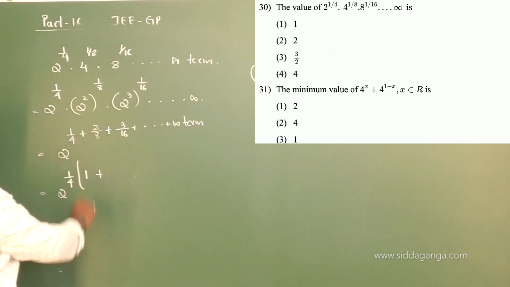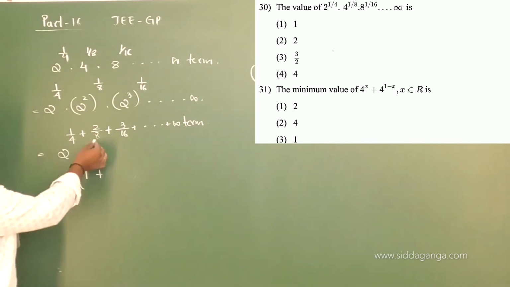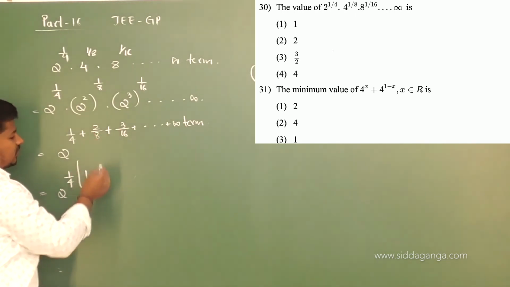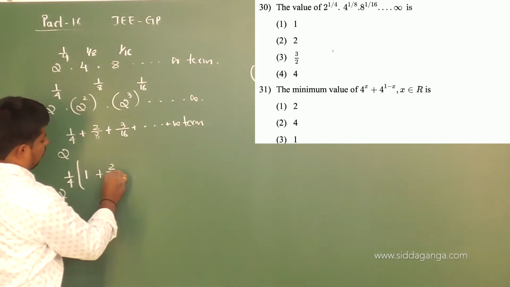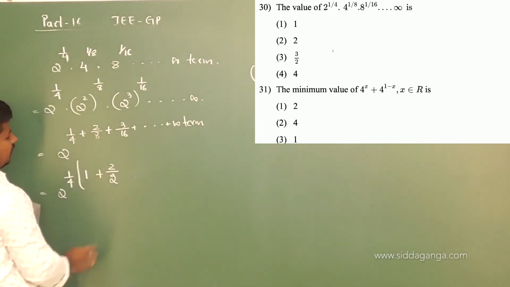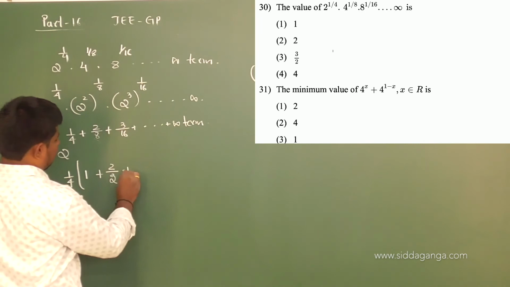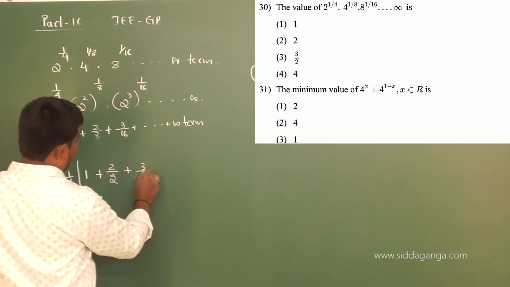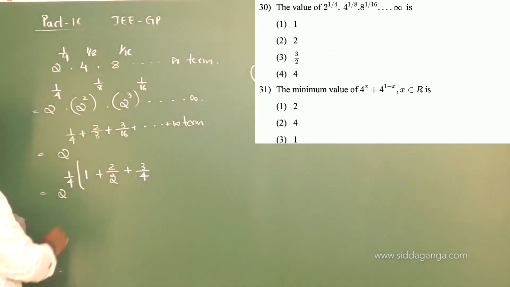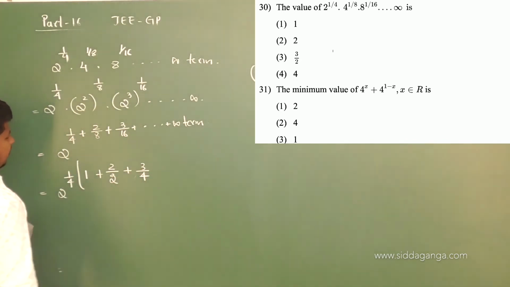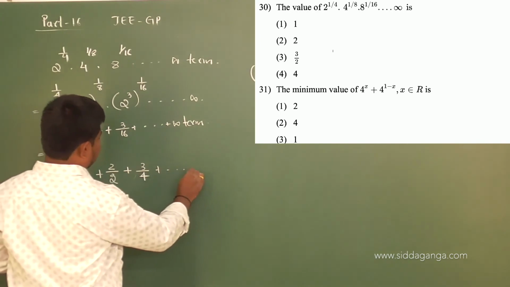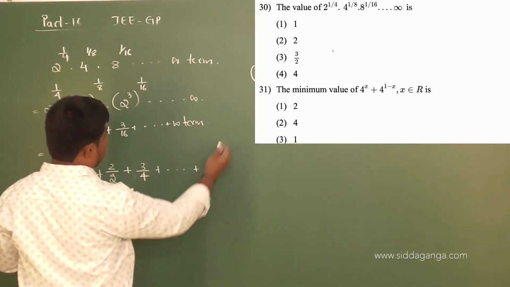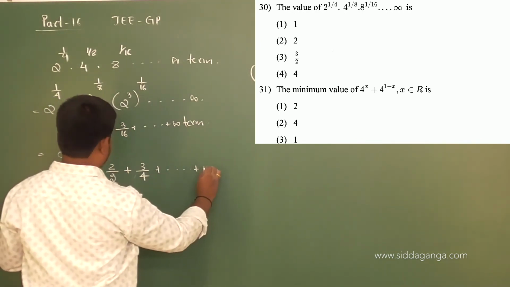This is the same as 1/4, so I can write this one as 2/2. Here we have 3/16 and with 1/4 taken outside, 3/4 I am going to write. So 1/4 into 3/4 you get 3/16 and so on. This gives the sequence with infinite terms.